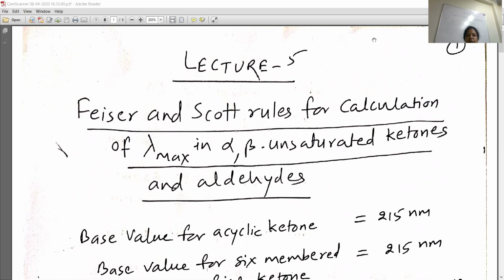In continuation of the lecture on UV visible spectroscopy, in lecture 5, it is for lambda max calculation of alpha, beta unsaturated ketones and aldehydes. Here again, these values are given.